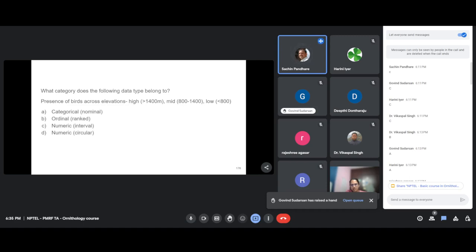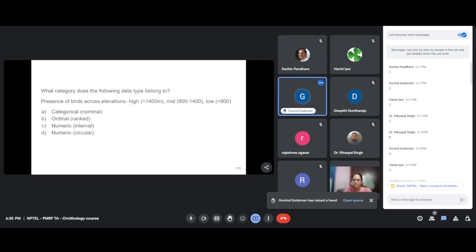If we just go by individual height level, it will be difficult. There will be a lot of outcomes, right? But if we just categorize saying high, mid, or low, it will be easy to say that these are the low-lying birds, these are the mid elevation or canopy birds.